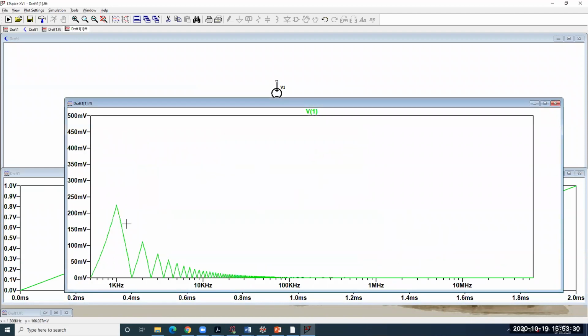Okay. Like a piano or a guitar, it might have the bass note at 1 kilohertz, but what makes it a guitar or a piano or a drum is these harmonics. Depending on the instrument, some of these harmonics are there or they're not there.